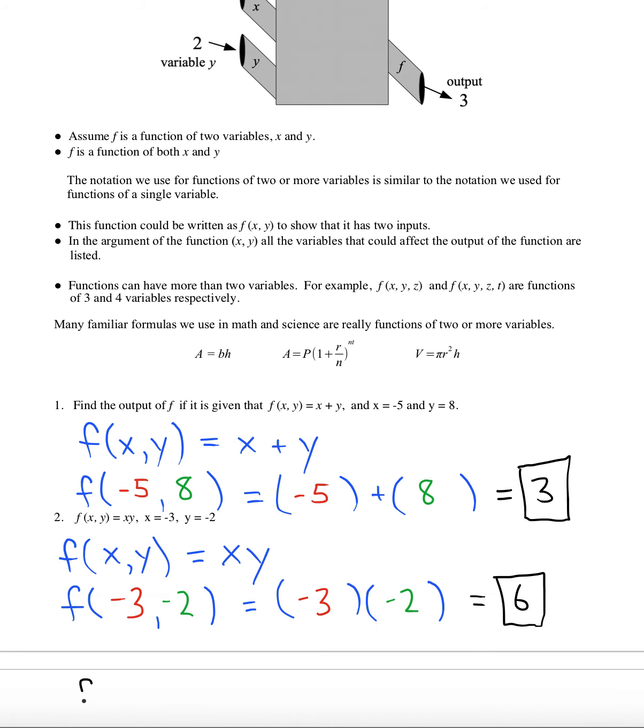So now we can put it all together and just write this. And in words, it would be read f of -3, -2 is 6.